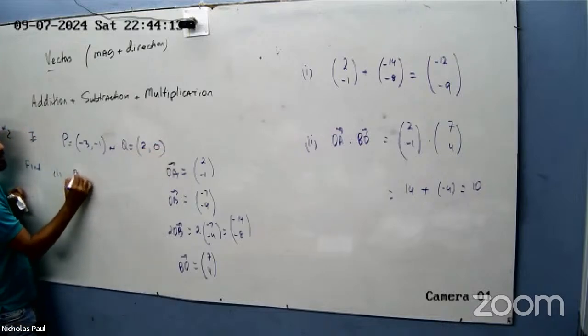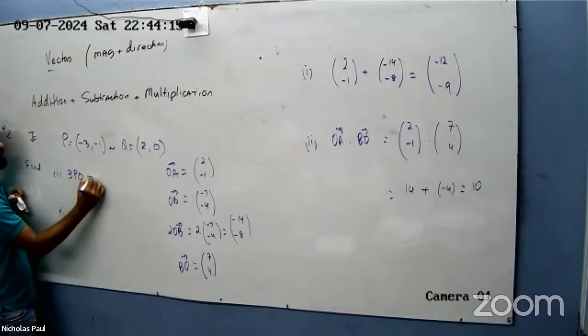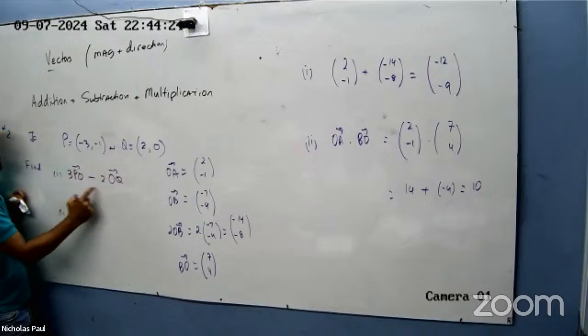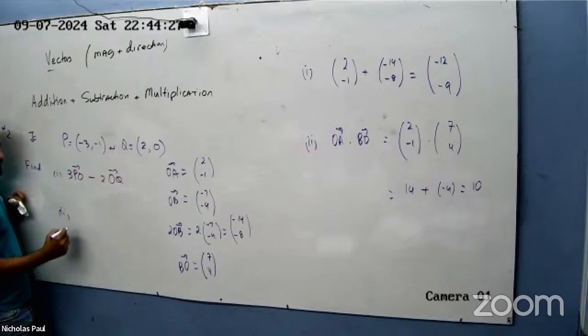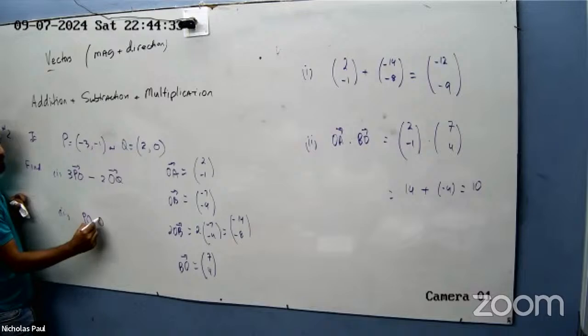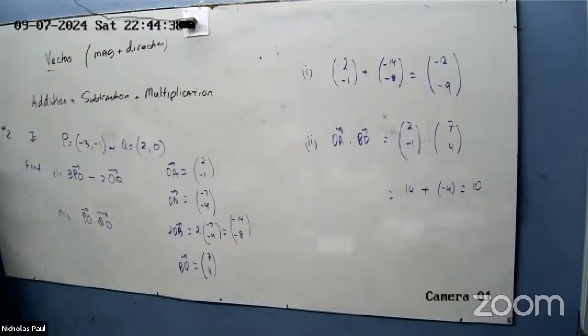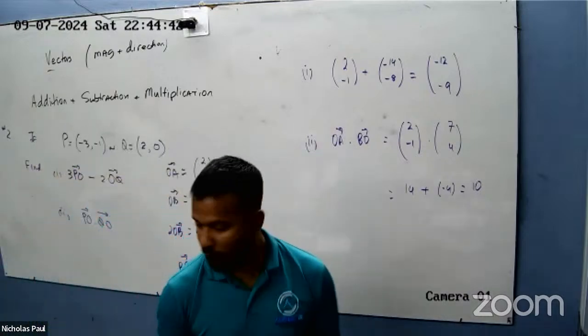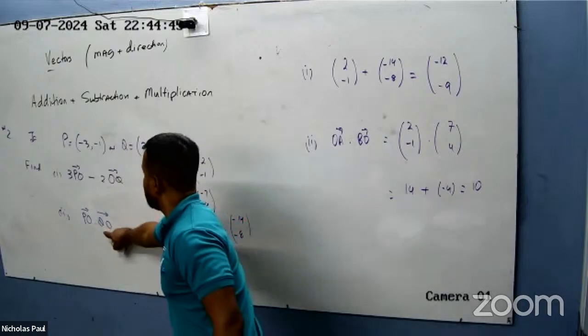I want you to give me 3PO minus 2OQ. The lines on top mean magnitude. And then I want you to multiply PO by QO. Take your time.